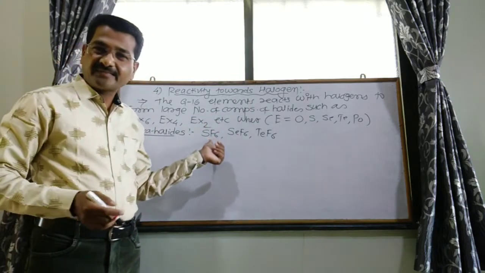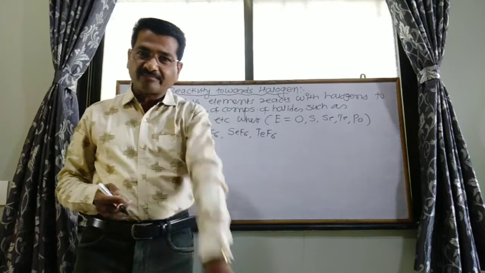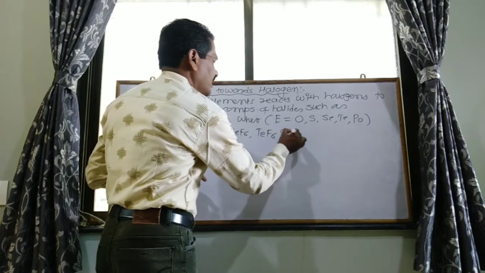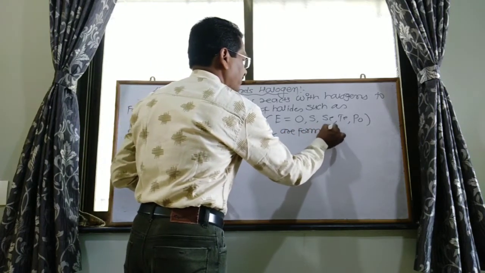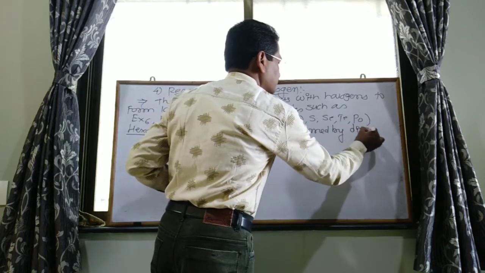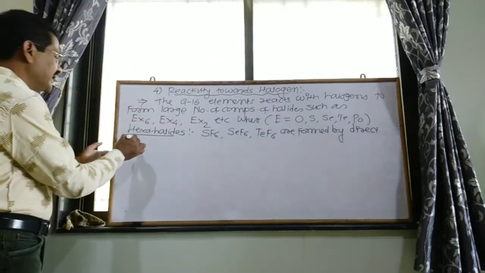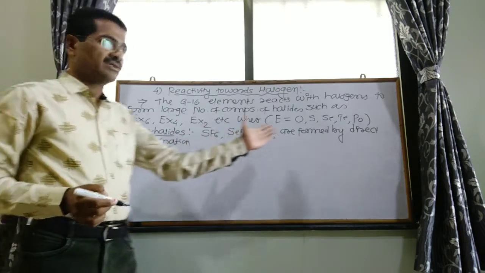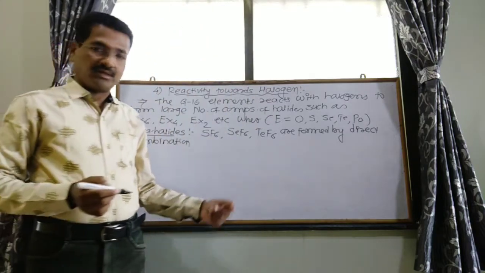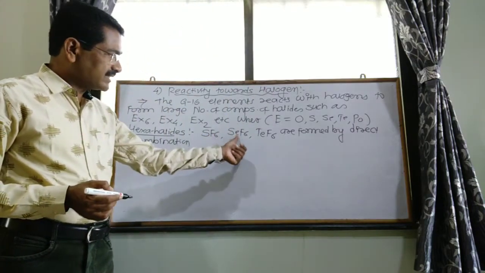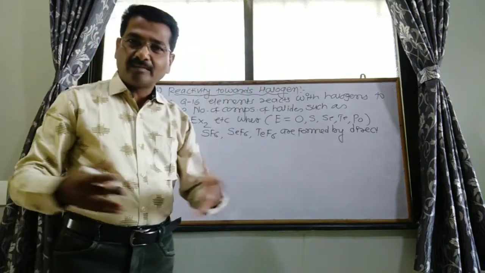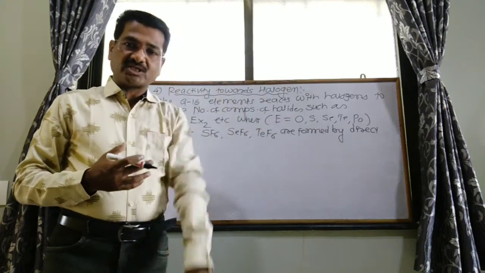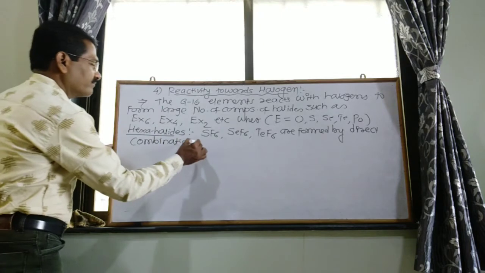Sulfur hexafluoride, selenium hexafluoride and tellurium hexafluoride are formed by direct combination of group 16 elements with halogens.